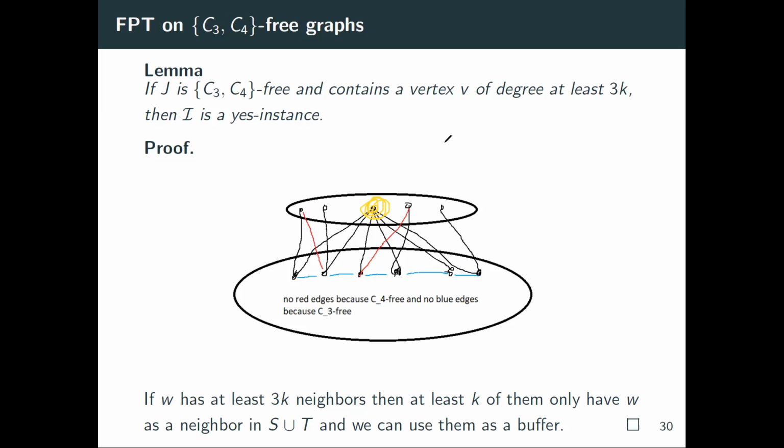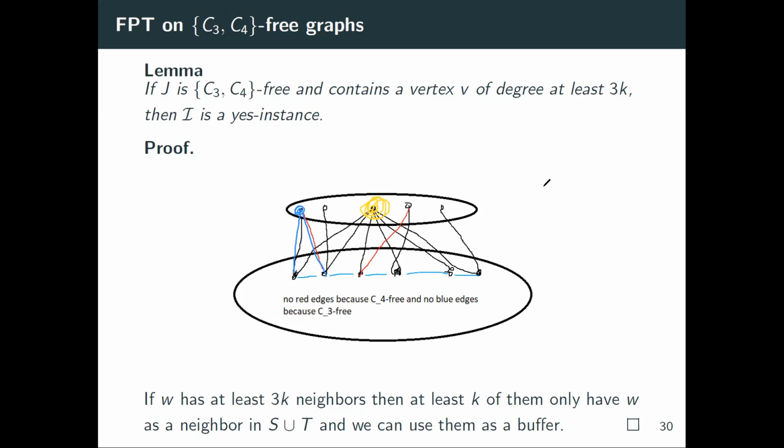All right. Now let's look at the other vertices in S union T. The second observation that you need is that any vertex other than the yellow vertex can have at most one neighbor in common with the yellow vertex, because if you do have two neighbors in common, then you will get a C4. So now what happens if we have 3k vertices in the neighborhood of the yellow vertex?